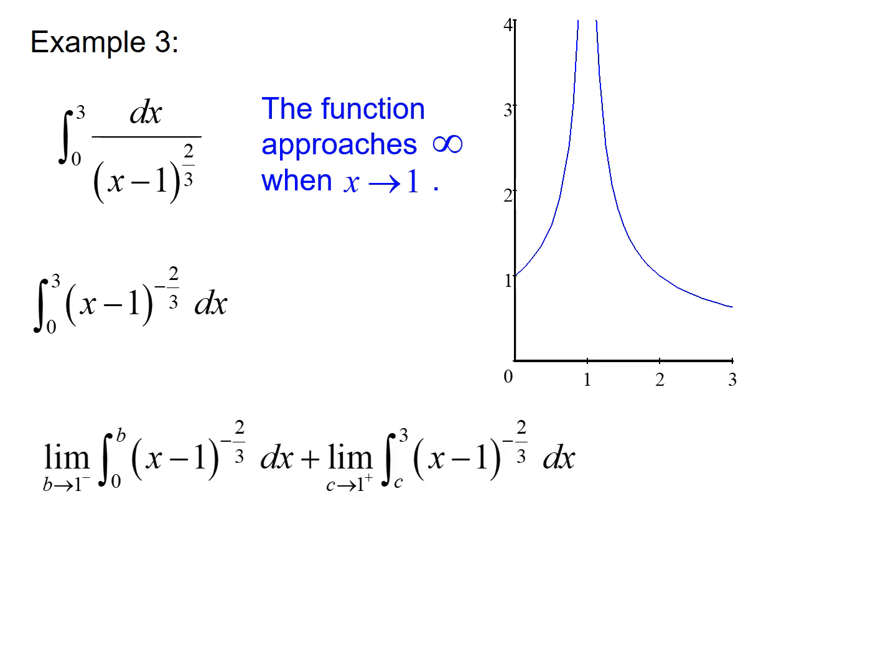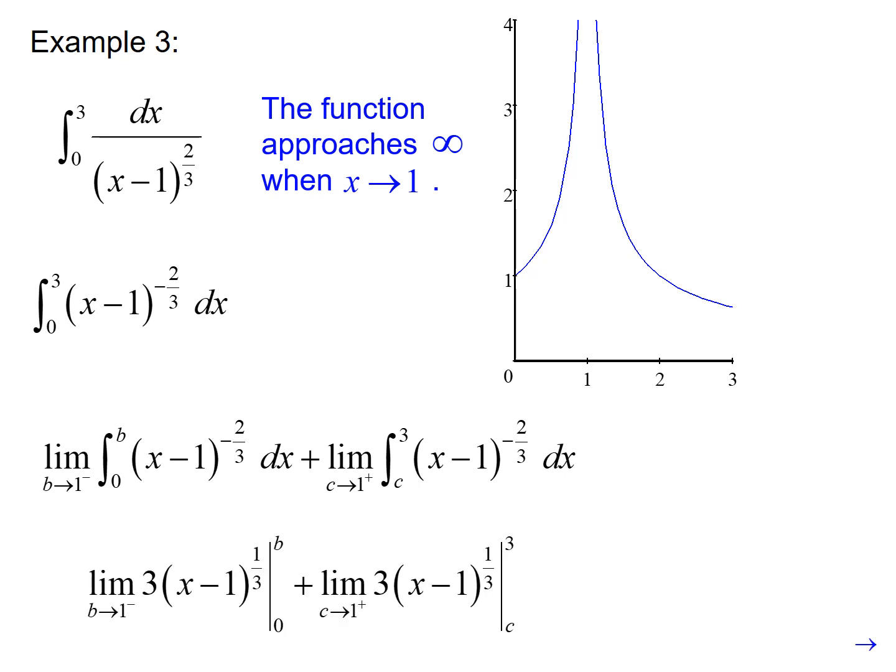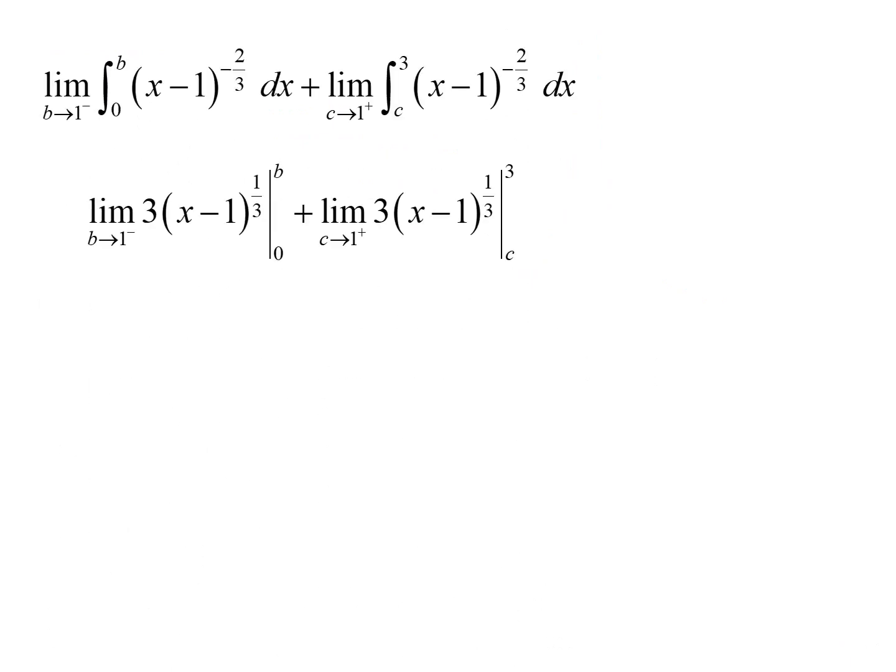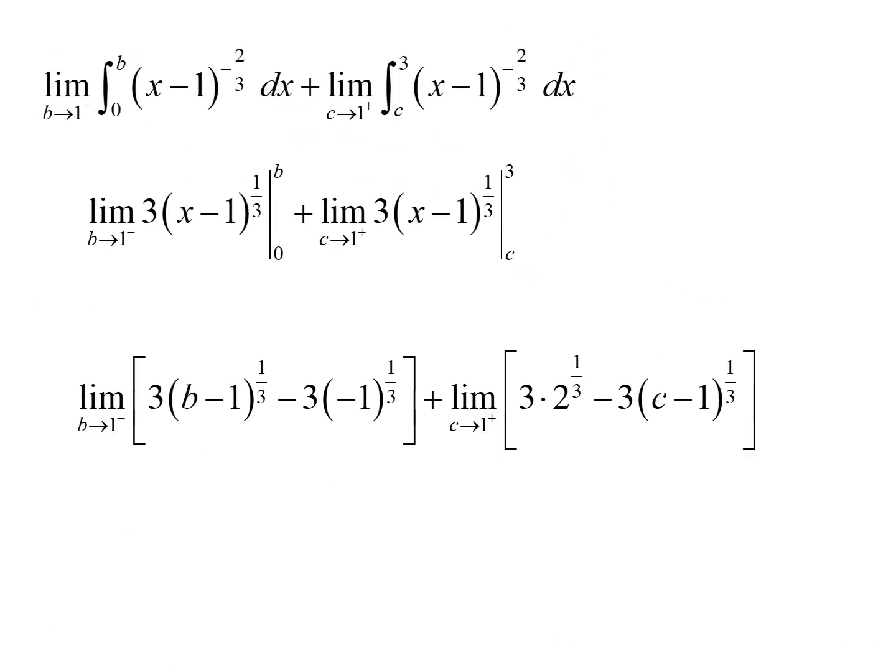We can take the limit as b approaches 1 from the left, of the integral from 0 to b, plus the limit as c approaches 1 from the right, of the integral from c to 3. If we take the antiderivative, now we'll plug in our limits of integration and evaluate. We get 0 and 0, and we end up with 3 plus 3 cubed root of 2.